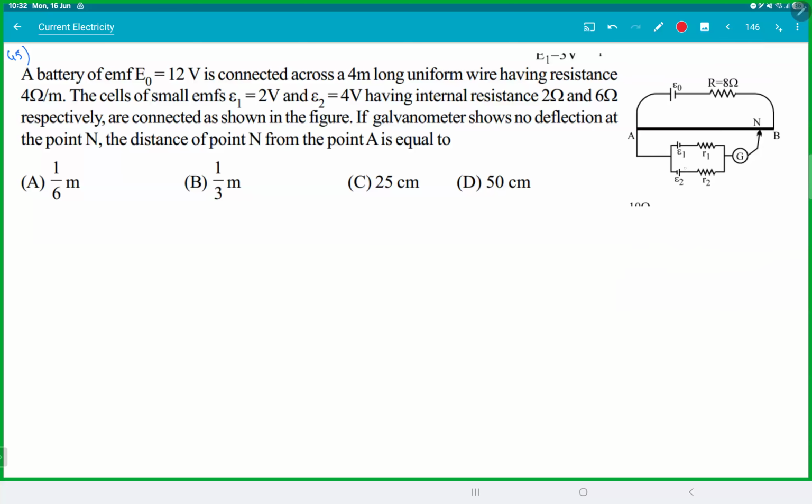The picture is not clear, but this is positive, this is negative, this is positive, this is negative. Even E2 are in reverse polarity. Let's get this.